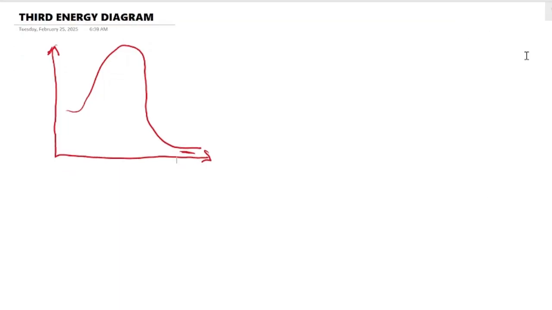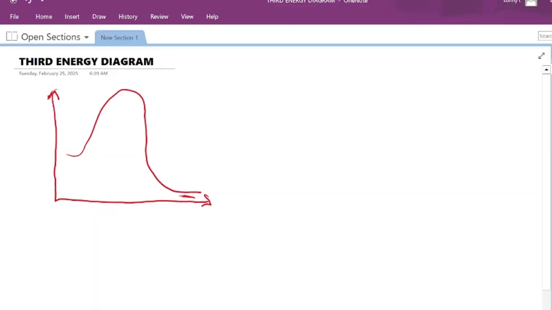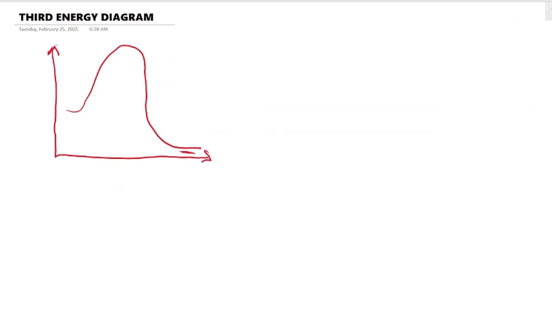Let me quickly take a different color to indicate that. At this point here, like I said earlier, that point shows you your reactants.